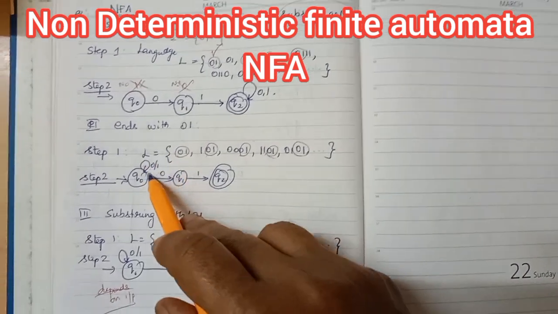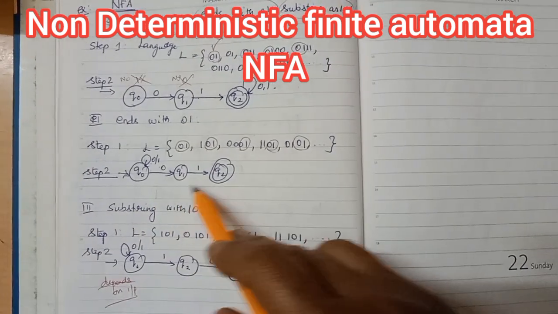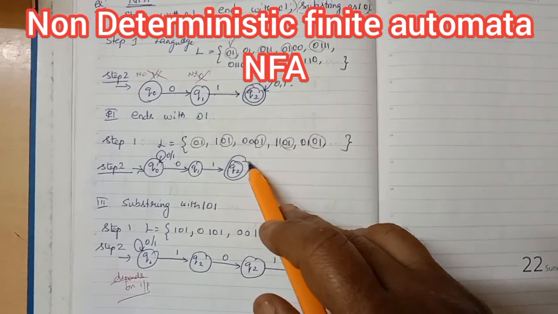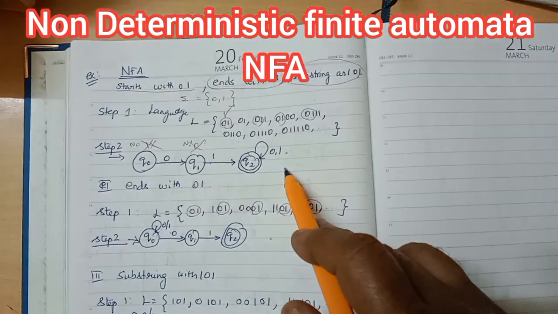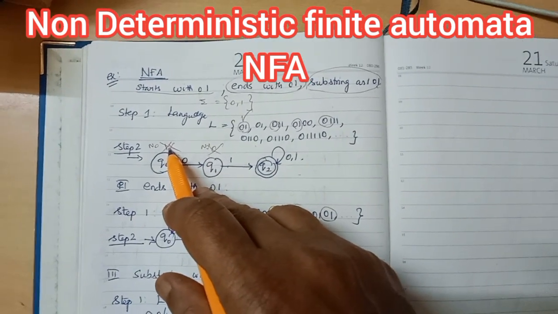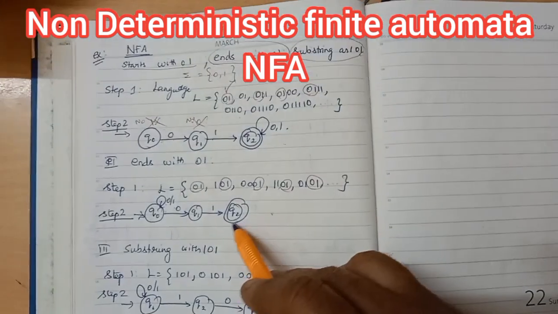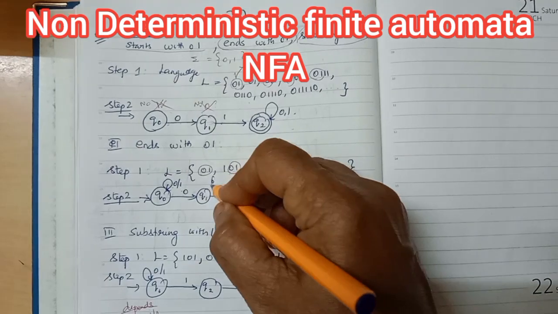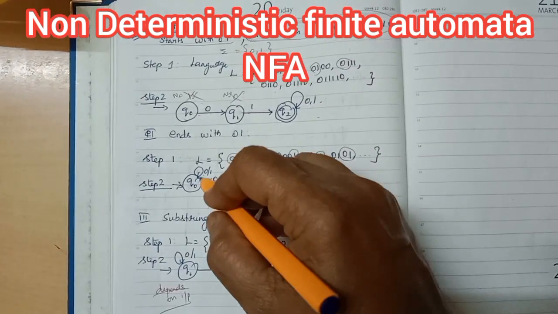Any number of zeros and ones can come in the beginning, but at the end it should go to 0 and 1. So no 0 or 1 is restricted in the beginning, but at the end only 01 is allowed.